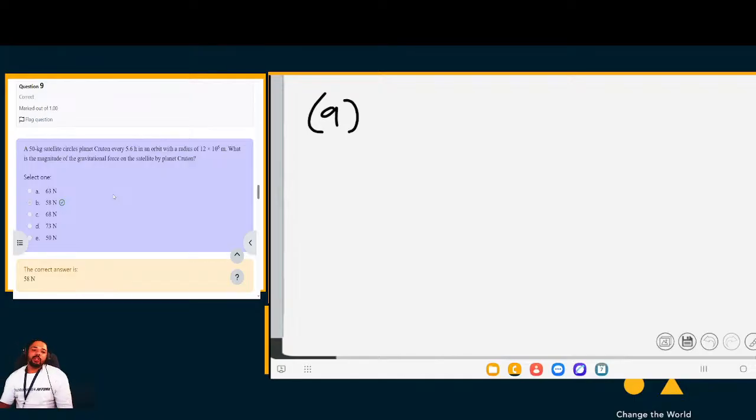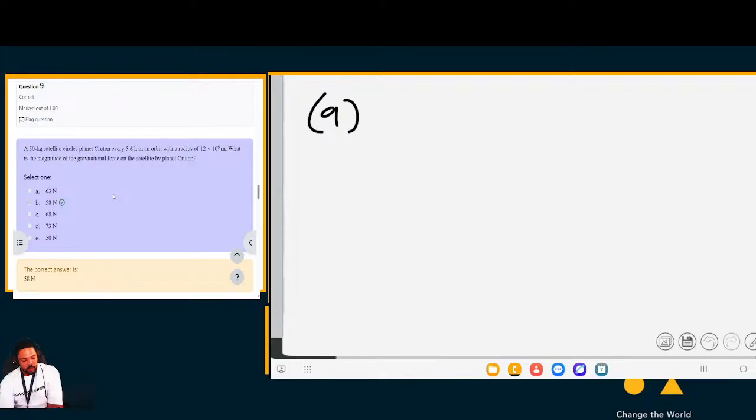What is the magnitude of the gravitational force on the satellite by planet Crouton? So we have a satellite orbiting a planet every 5.6 hours, and the orbit has a radius of 12 million meters. I almost said miles.